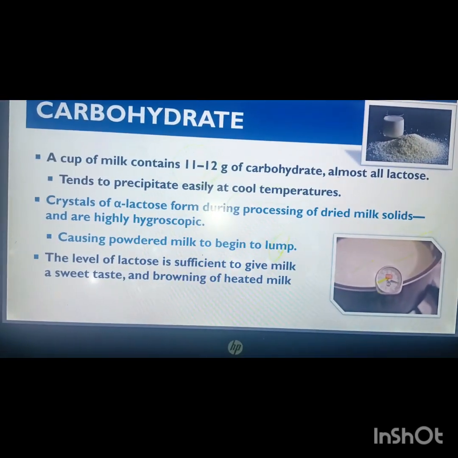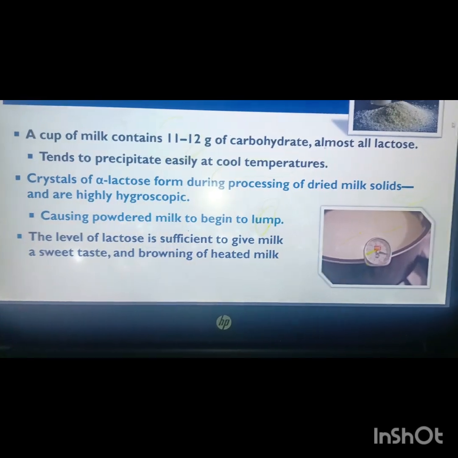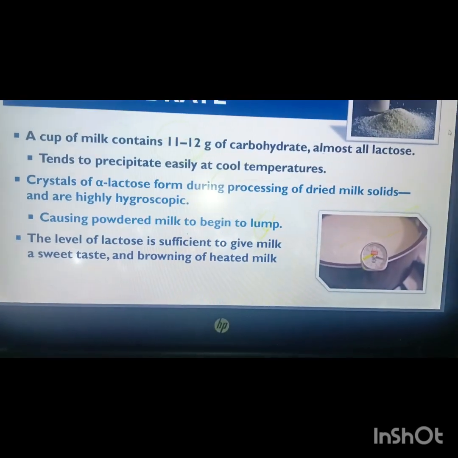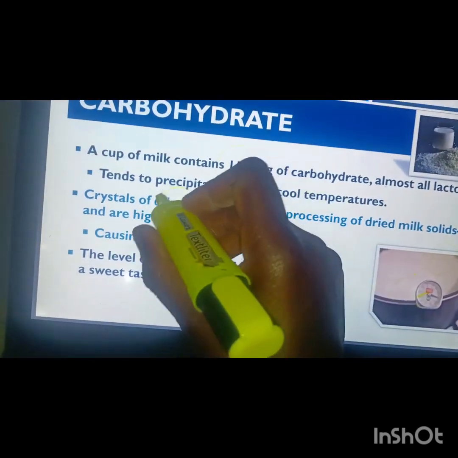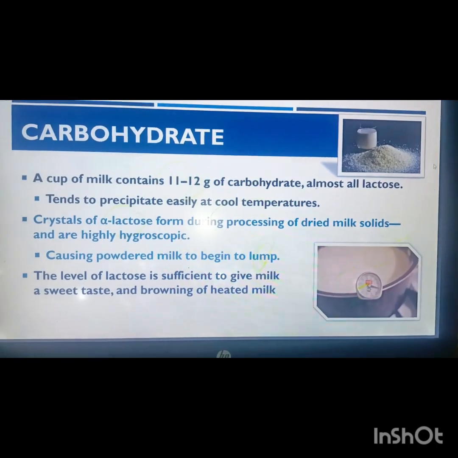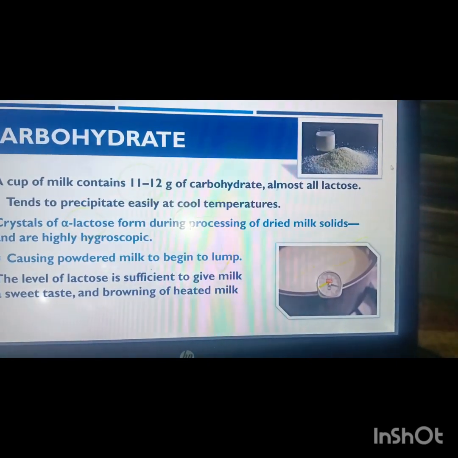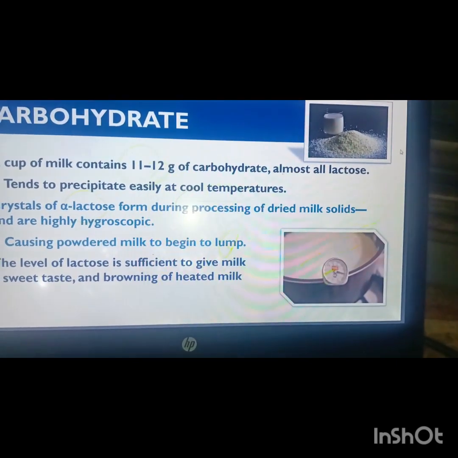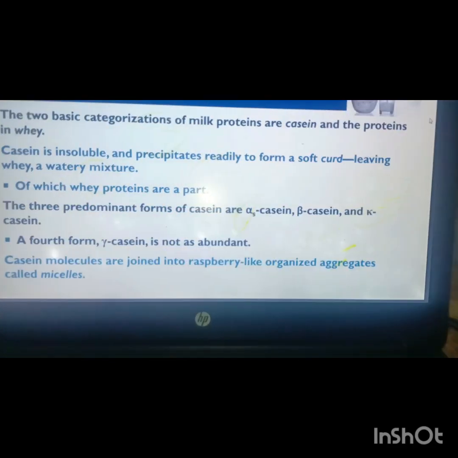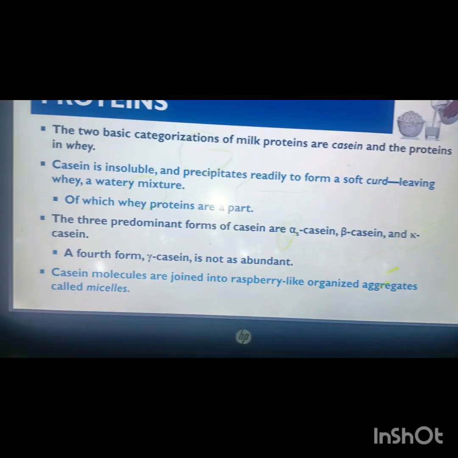You have to realize that lactose is a carbohydrate. The carbohydrate of milk is called lactose. And in this form, we have the alpha lactose, which, when you process those milk solids that you normally see, is very highly hygroscopic.